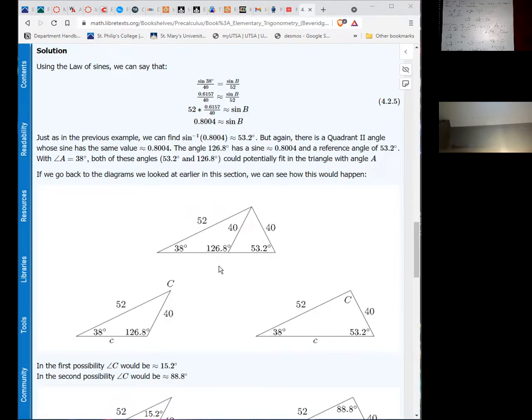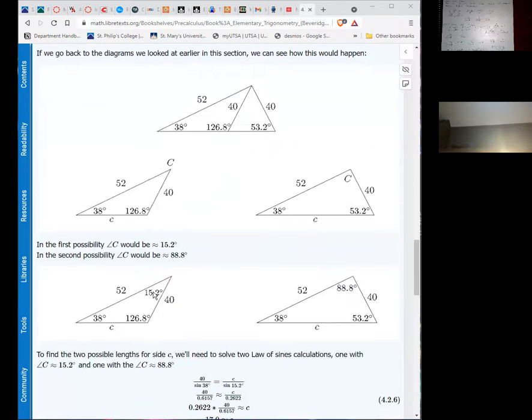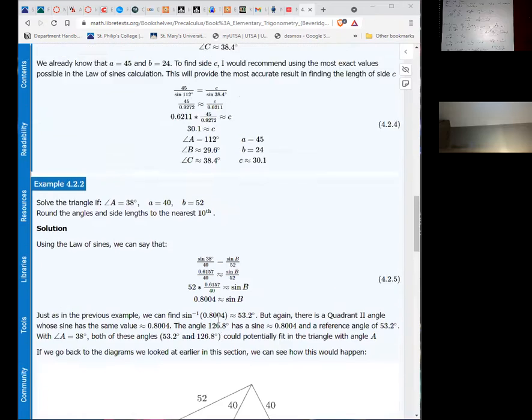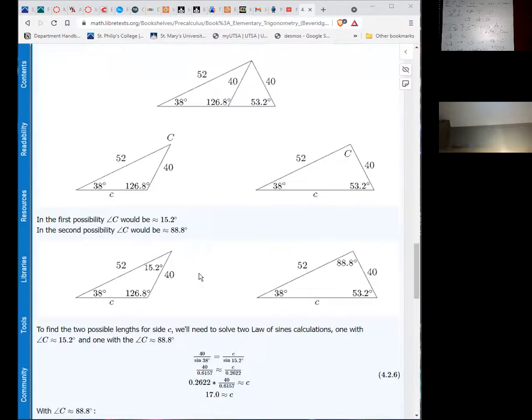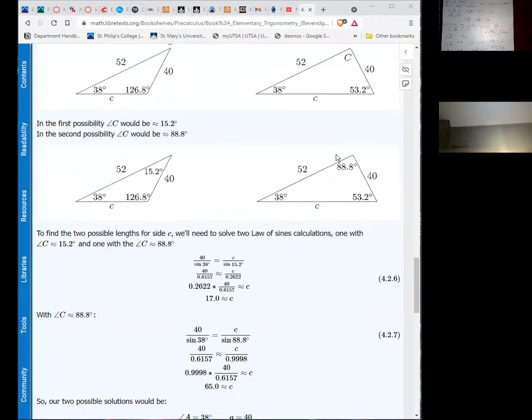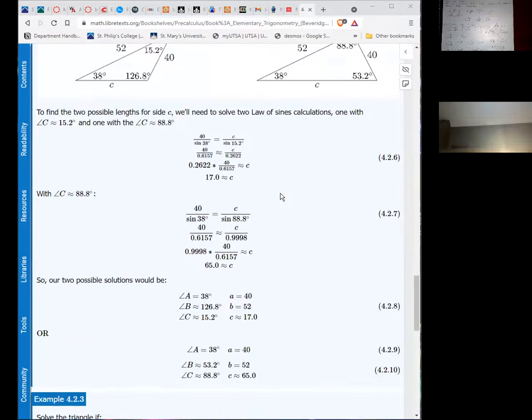When I move this side inward or outward, that changes this angle, obviously, and the angle C. So they'll have two different C's. When you solve for C, you have to do the same thing. You have two different sets. So this problem has two sets to solve for, but notice how some of them are fixed: 52, 40, 52, 40. The original angle, of course, is fixed. That's what we're going to do in just a moment.